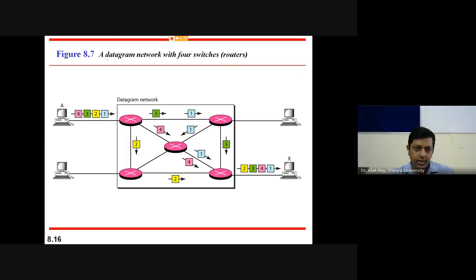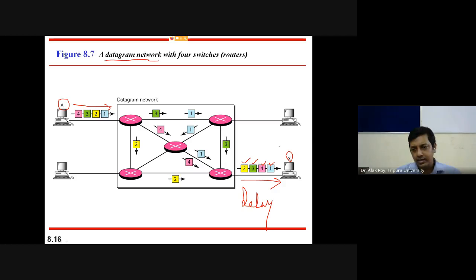The topic datagram network says that if you want to send data from A to X, your data needs to be divided. Here they have divided it in the form of packet 1, packet 2, packet 3, packet 4. At the receiver side, it may receive packet 1 first, then 4, then 3, then 2, maybe due to delay.